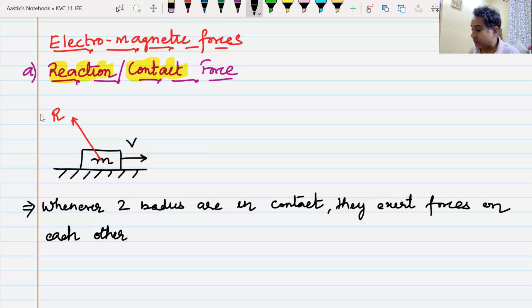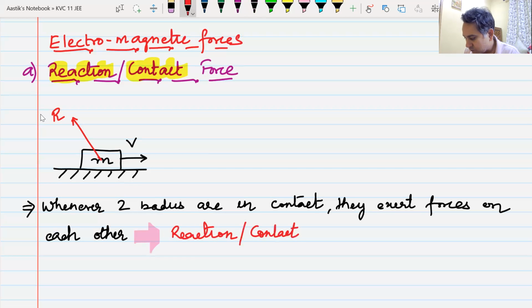That force is known as the reaction force, or you can also call it the contact force. And this is given by this R. In the diagram, I have marked it as the reaction force. That's all that we need to know.